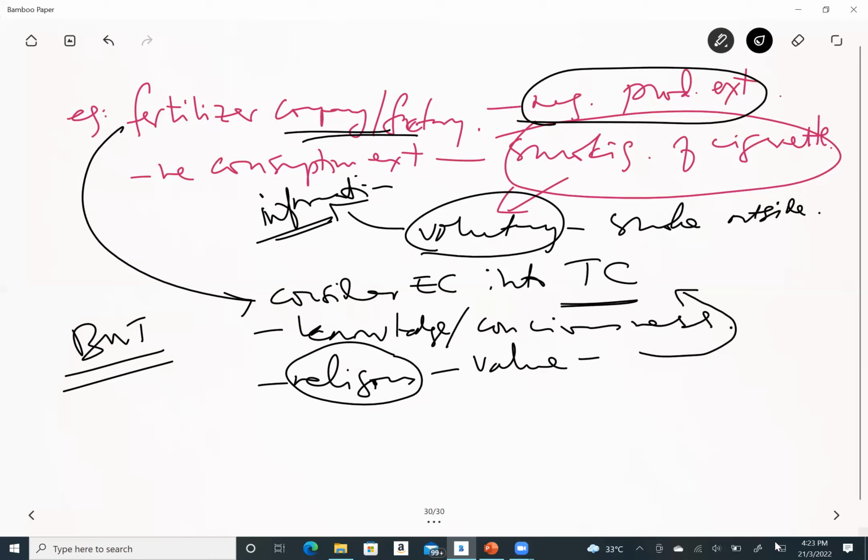So voluntary action is not really practical, or has very limited success, or we can say it is not effective.